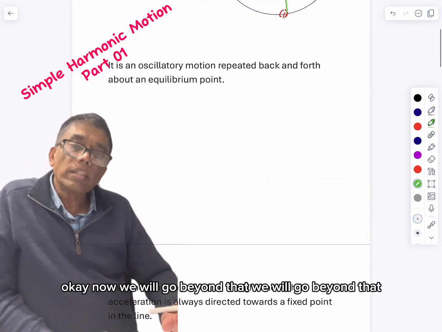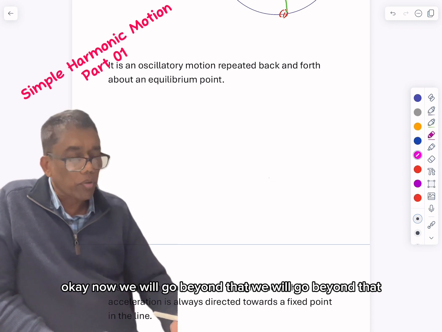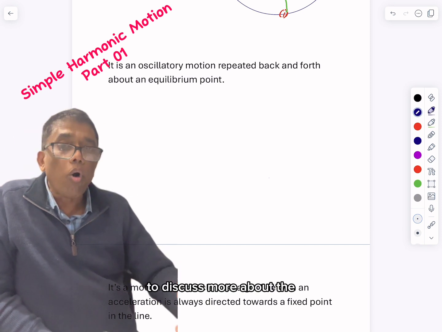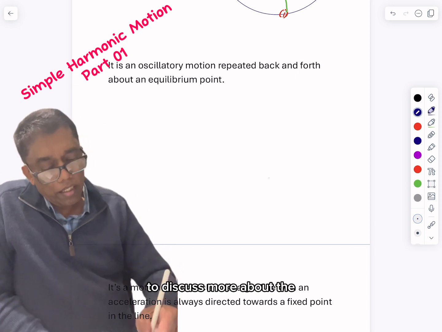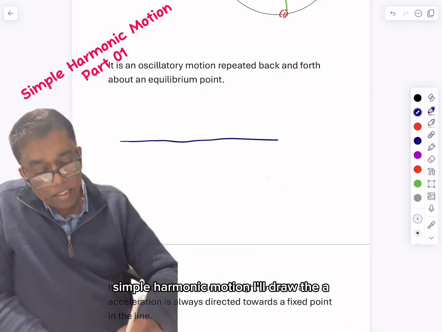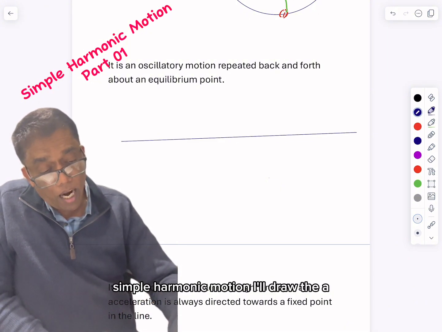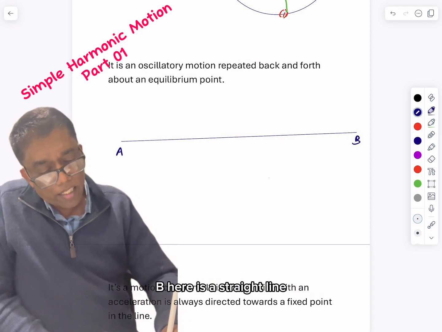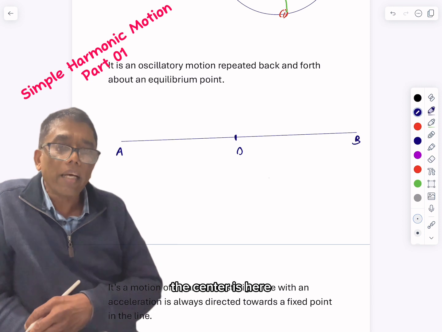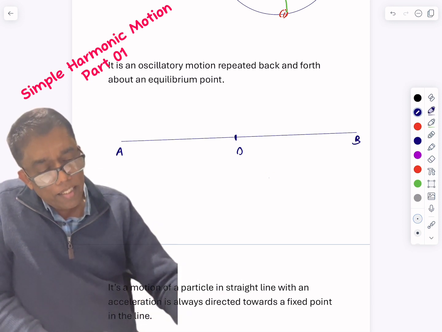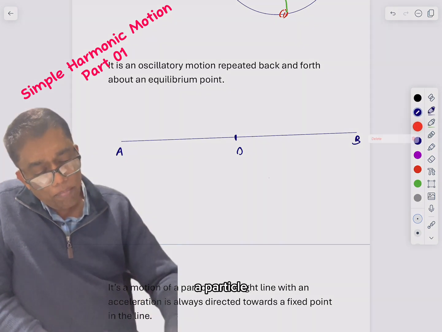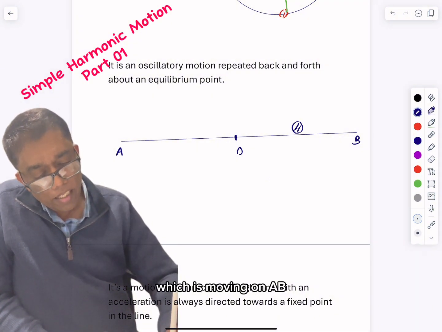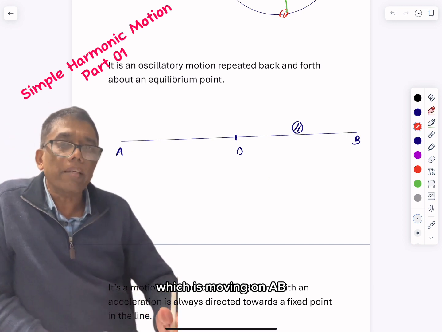Okay, now we will go beyond that. To discuss more about simple harmonic motion, I'll draw AB as a straight line. The center O is here. There is a particle which is moving on AB.